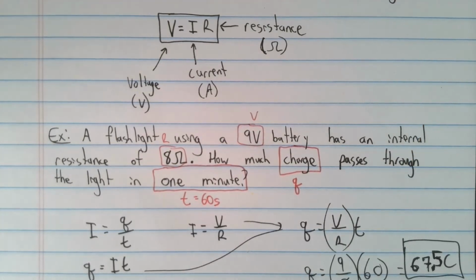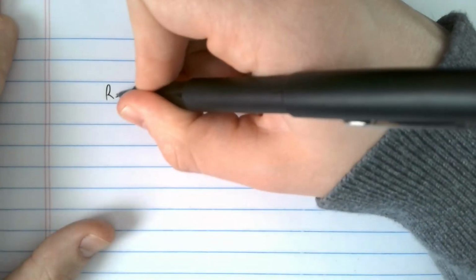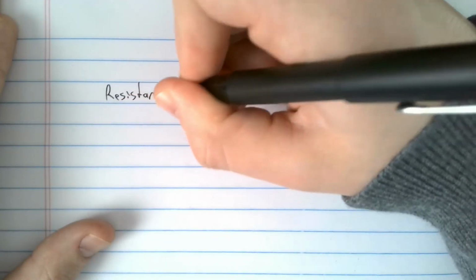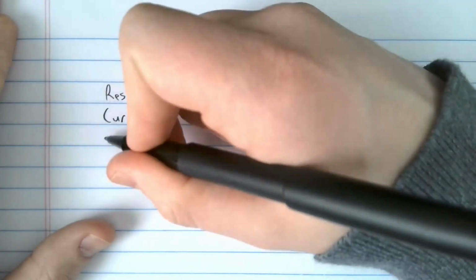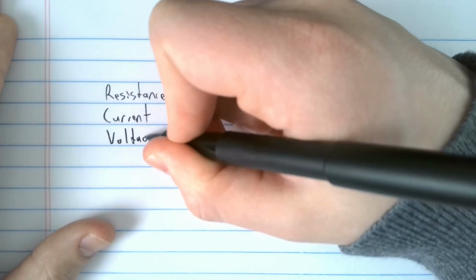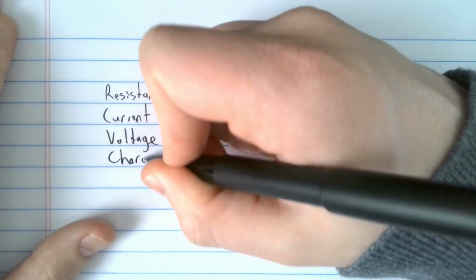One way to do it would be to make a little chart and fill in the chart. If you can't fill in this chart, you can't pass the tests. So write this down if you wish. We would go with resistance, current, voltage, charge.